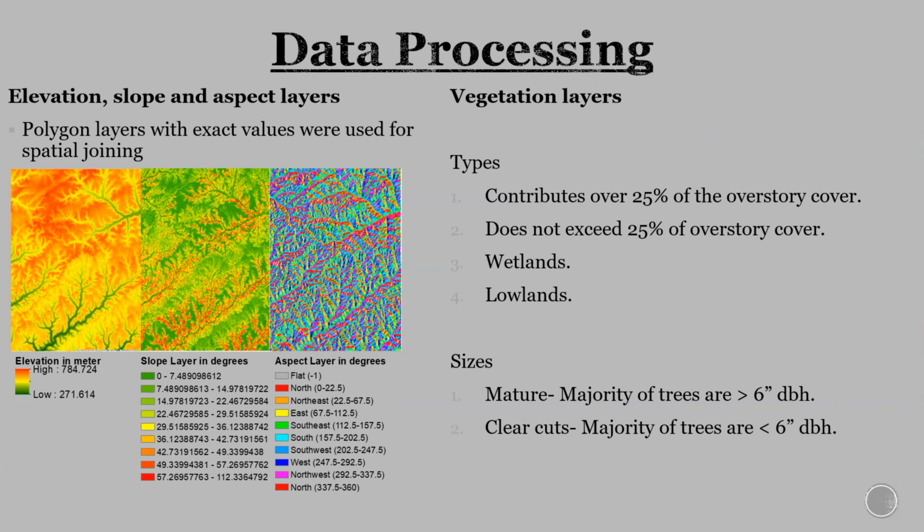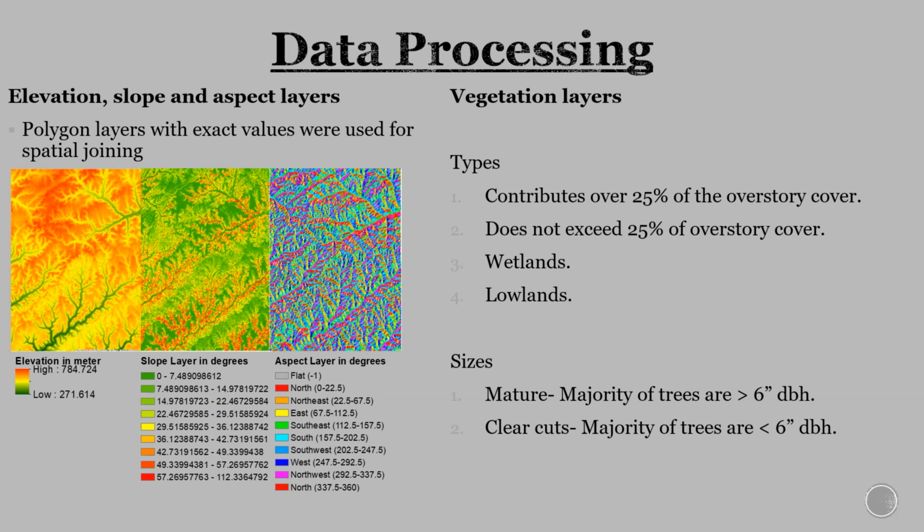So here are the rasters that I created from the DEM that I got. And once I had those set up, I went ahead and used the integer function to get a true value for every cell and created polygons for each of these layers.